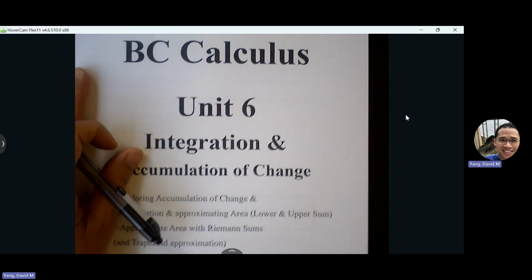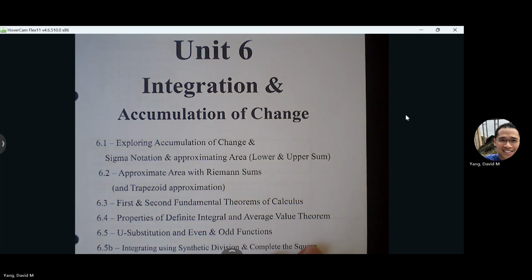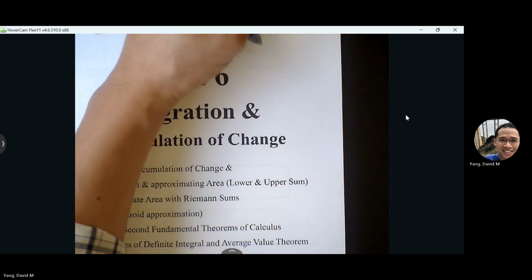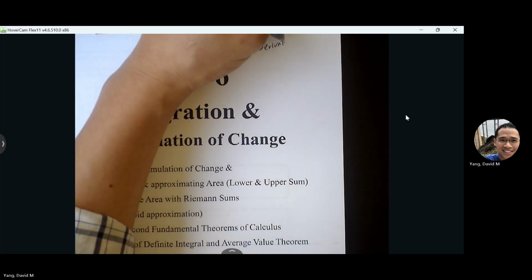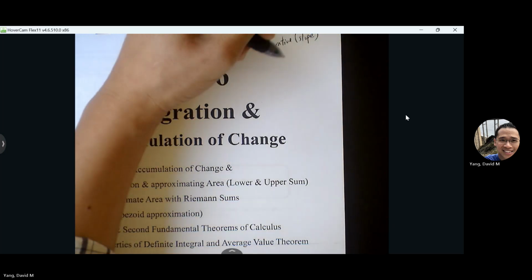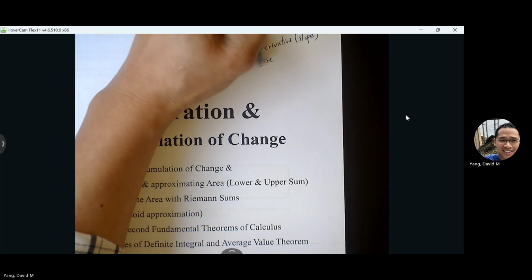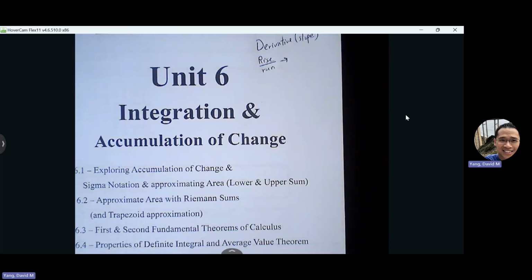Okay, so today we're going to start Unit 6. So we're done with derivatives. We're moving on to antiderivatives, integrals. So we know that derivatives is related to slope. And slope is rise over run.